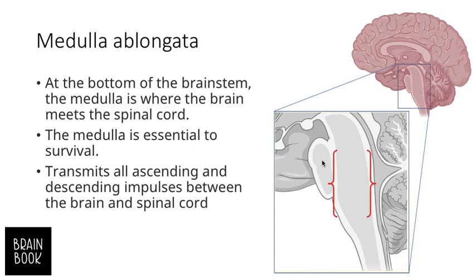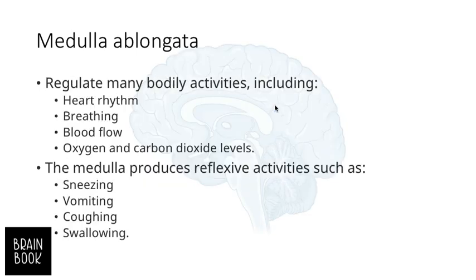Another part of the brain stem is the medulla oblongata, which is located here between the midbrain and the spinal cord, and the medulla oblongata here is a place where the brain meets the spinal cord. It's essential for our survival, and it transmits all ascending and descending impulses between the brain and spinal cord.